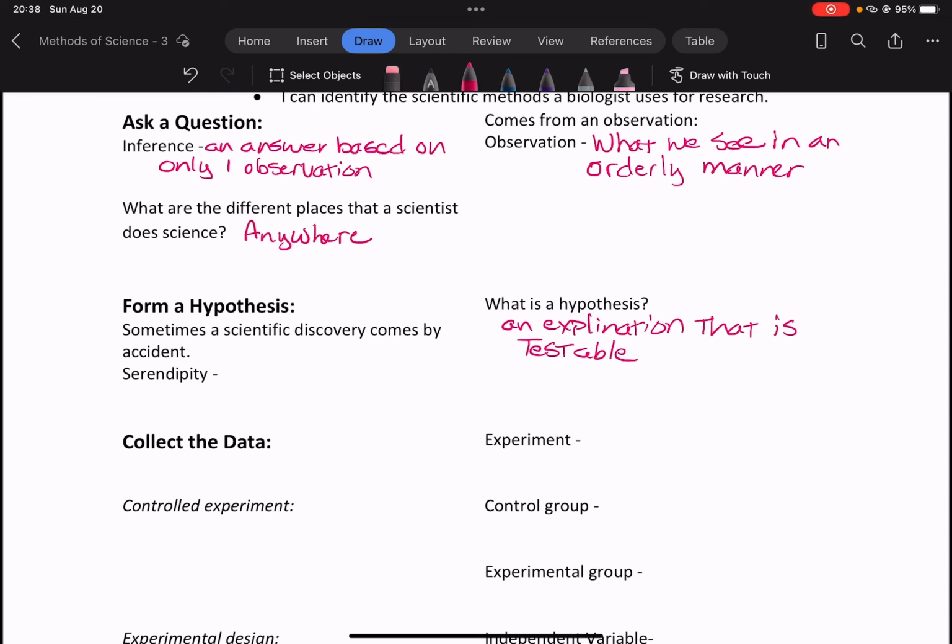Now, I want to get to some of these serendipity moments. Serendipity is a scientific discovery that is made by accident. Sometimes we make a discovery outside of what we expected, just by chance, and that does happen.